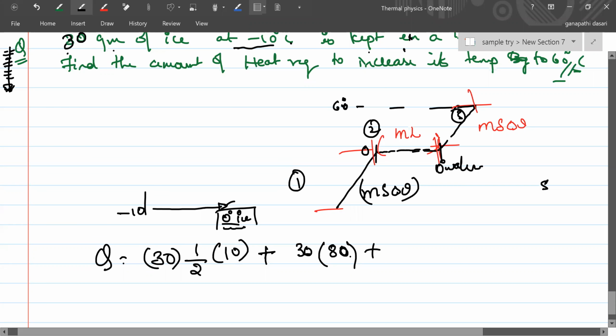from 0 degrees to what? 60 degrees. So again a temperature range, m s delta theta: 30 into s for water, which is 1, into delta theta, which is 60 minus 0.